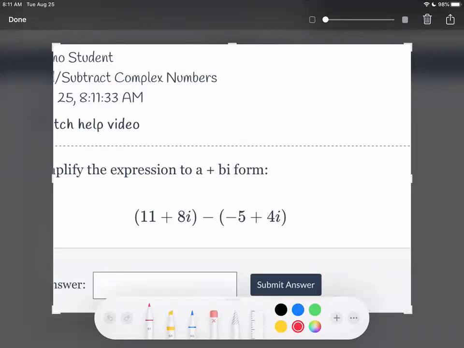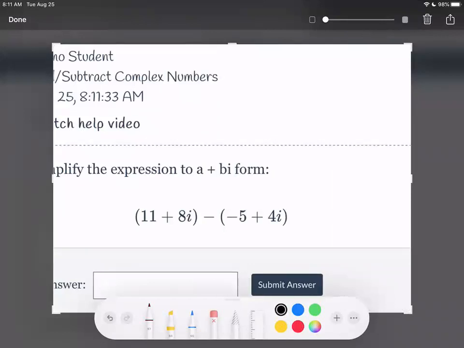Okay, so once again, we want to combine like terms. We're going to simplify it to a plus bi form. So the whole number, or the number part first, and then the i part after. So once again, let's do 11 minus -5. 11 minus -5, that's 11 plus 5, because subtracting a negative means adding. So 11 plus 5, 16.